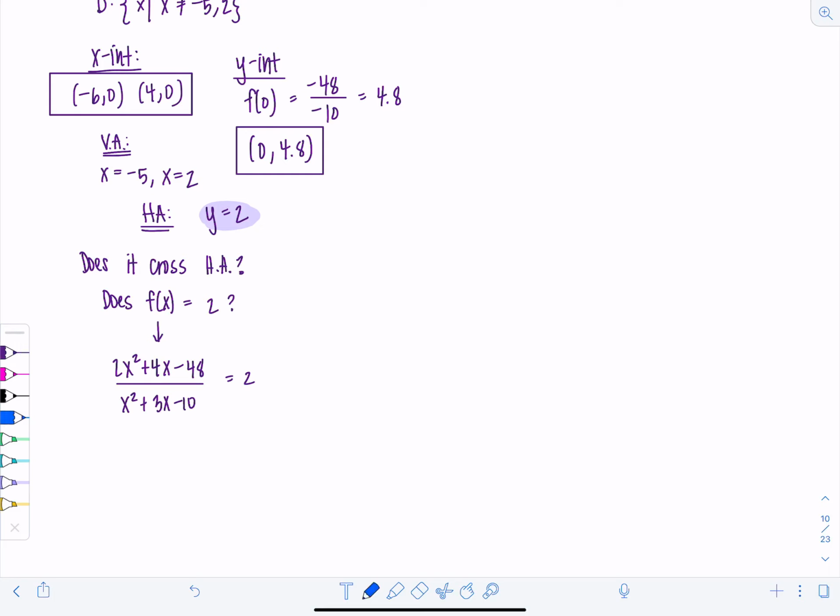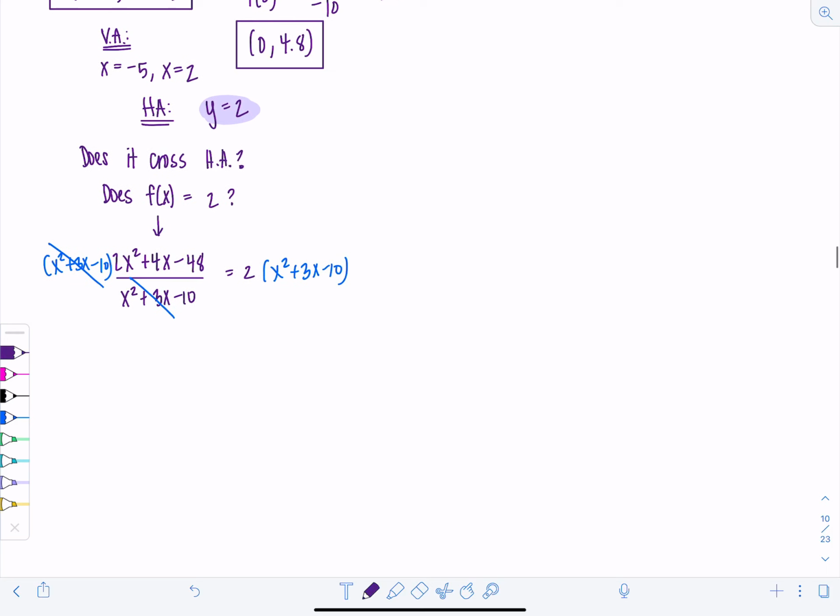So if I multiply both sides by x squared plus 3x minus 10, then we can start solving. So here we're going to have 2x squared plus 4x minus 48 equals, and then I'm going to distribute now, so 2x squared plus 6x minus 20.